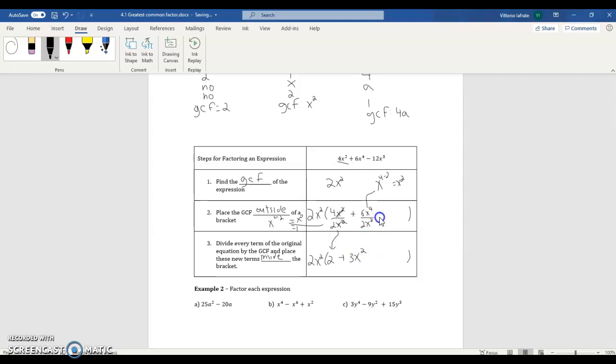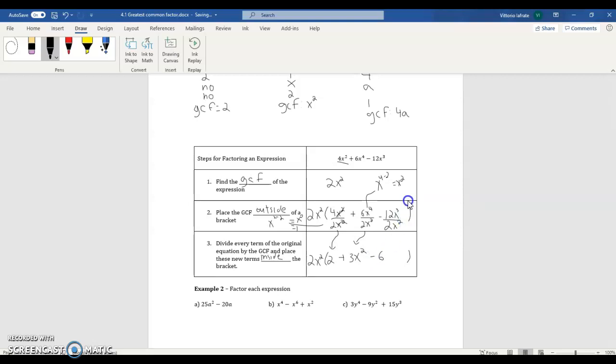And then lastly I had minus 12x cubed. Just to show you that's where that came from. So divided by 2x squared. So minus 12 divided by 2 is minus 6.